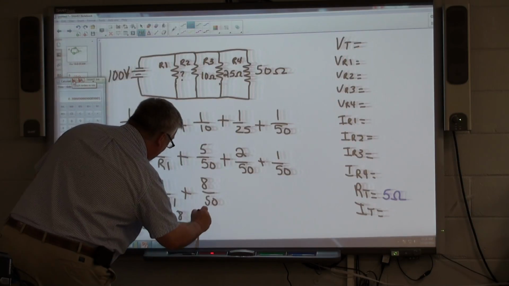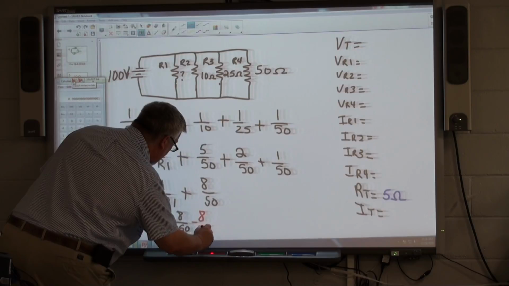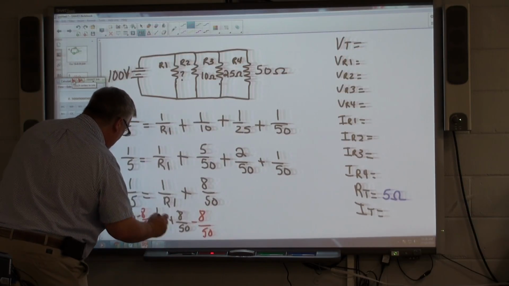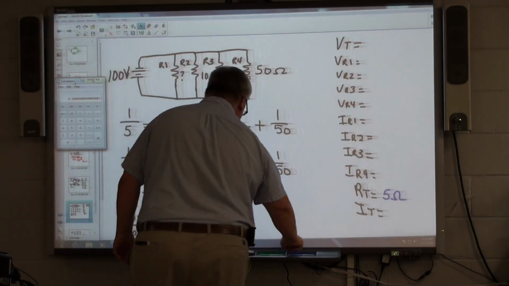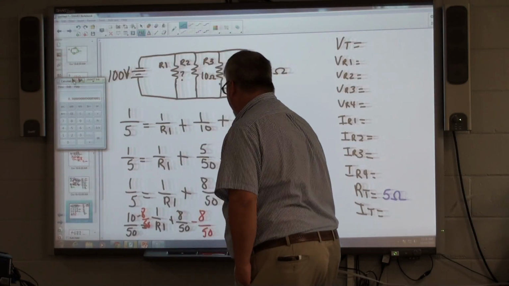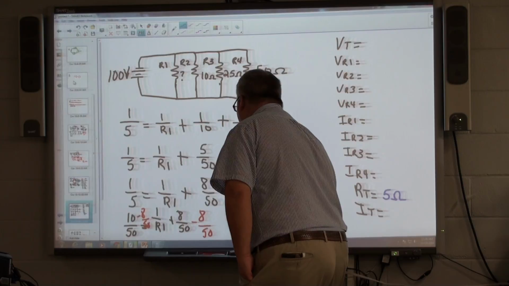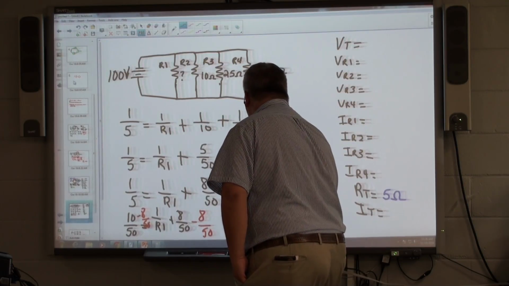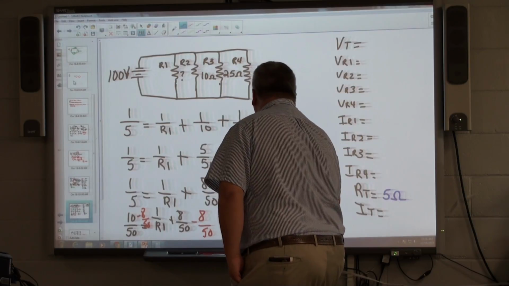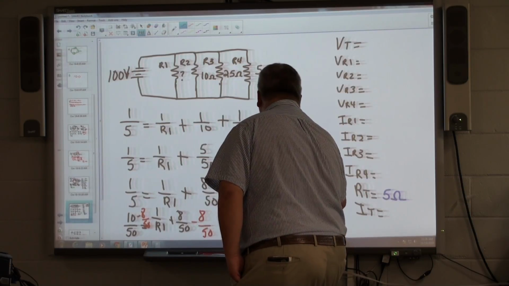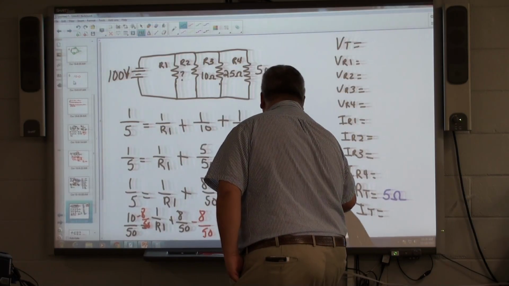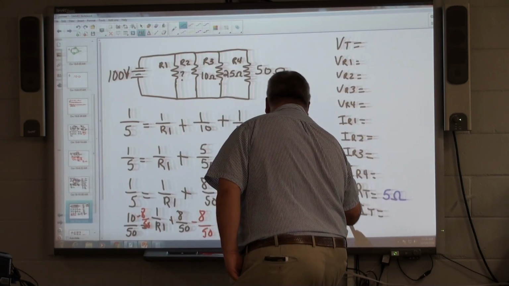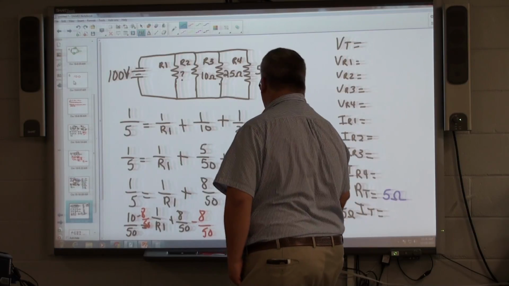So if I say minus 8 over 50, minus 8 over 50, we have 2 over 50 equals 1 over R1. Reciprocate that, 50 over 2 equals R1. R1 equals 25 ohms.